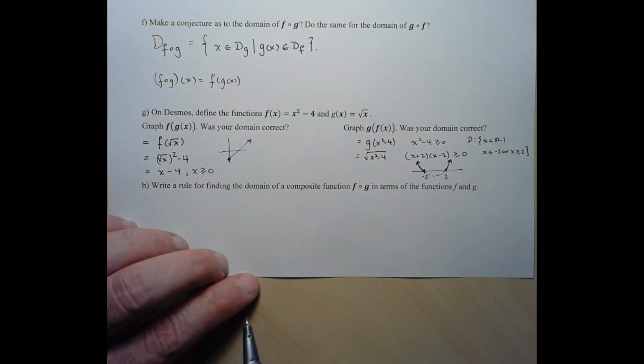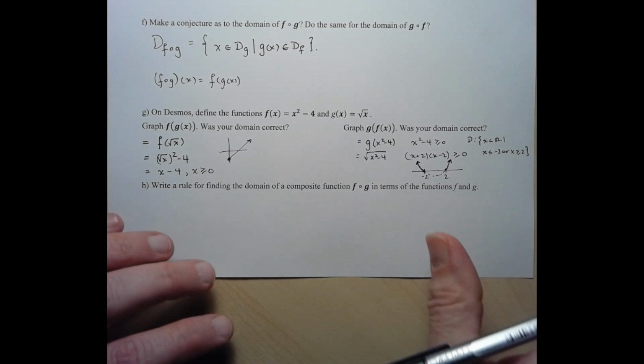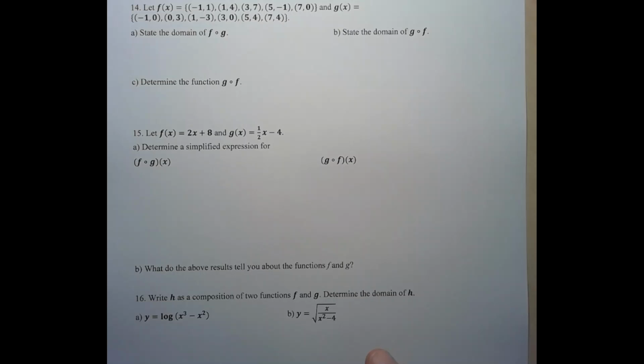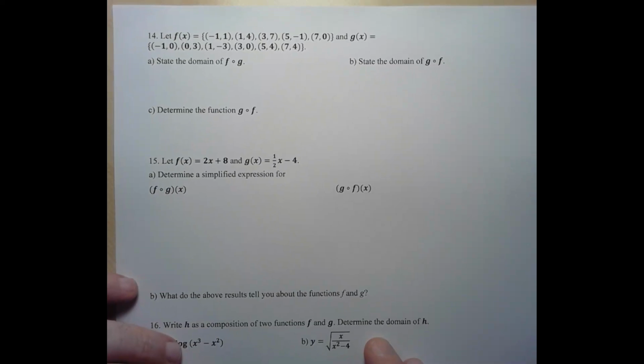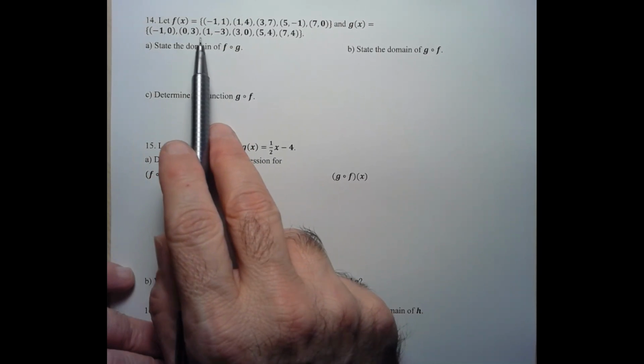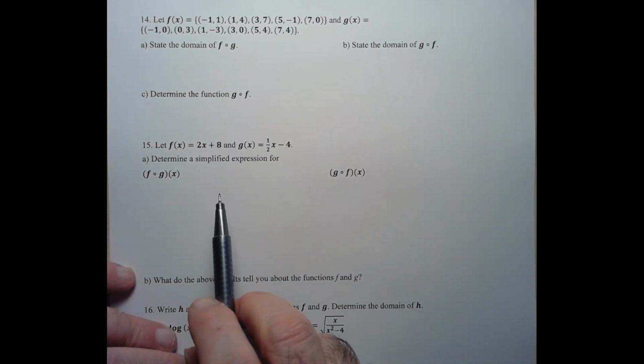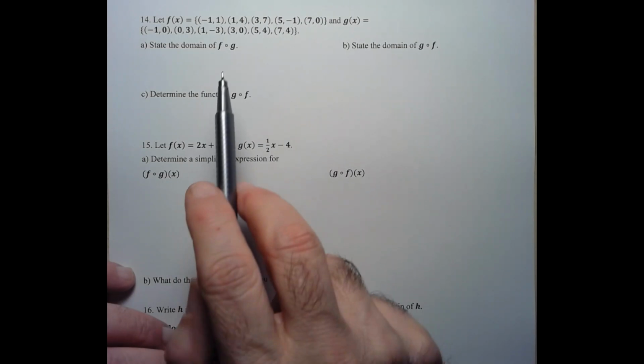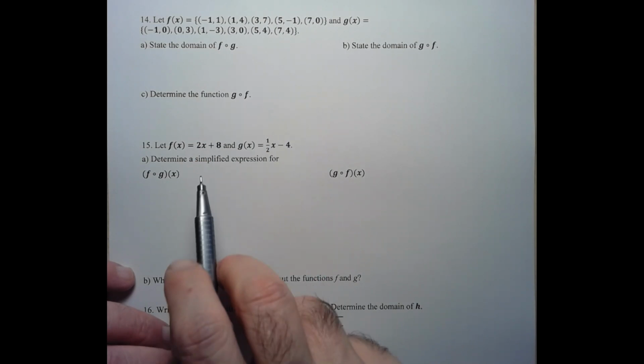Last thing we're going to do for this lesson is to use examples of a function that's given as a set of ordered pairs, to really make sure we understand how this composition works.